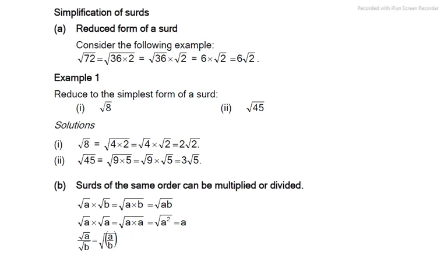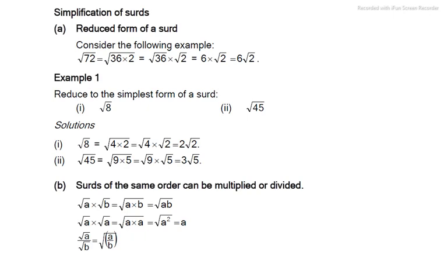So that is multiplication, meaning that if I have two surds multiplying, I simply consider the numbers under the roots. For instance, if I have root A times root B, I'll get root of A times B, which gives me root AB. So that is how we shall multiply surds.